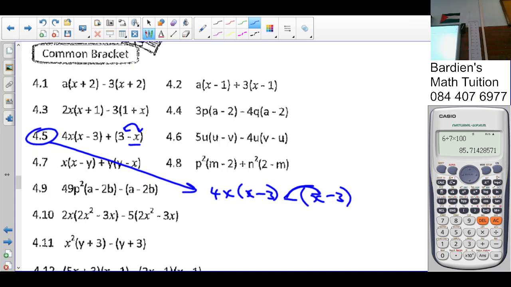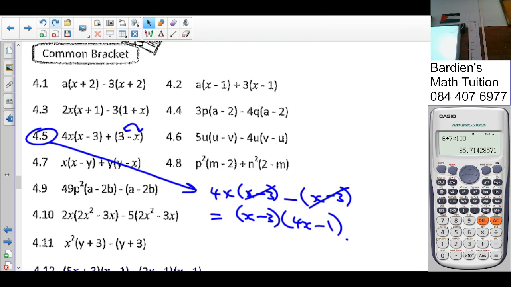Negative x. What's negative 3 times negative 1? Positive. So when I swap it around, a negative comes out and you retain the negative inside that bracket. So what's now common? x minus 3. If I take it out, I'm left with 4x minus 1. Okay, again I'm going to pause the video at this point.